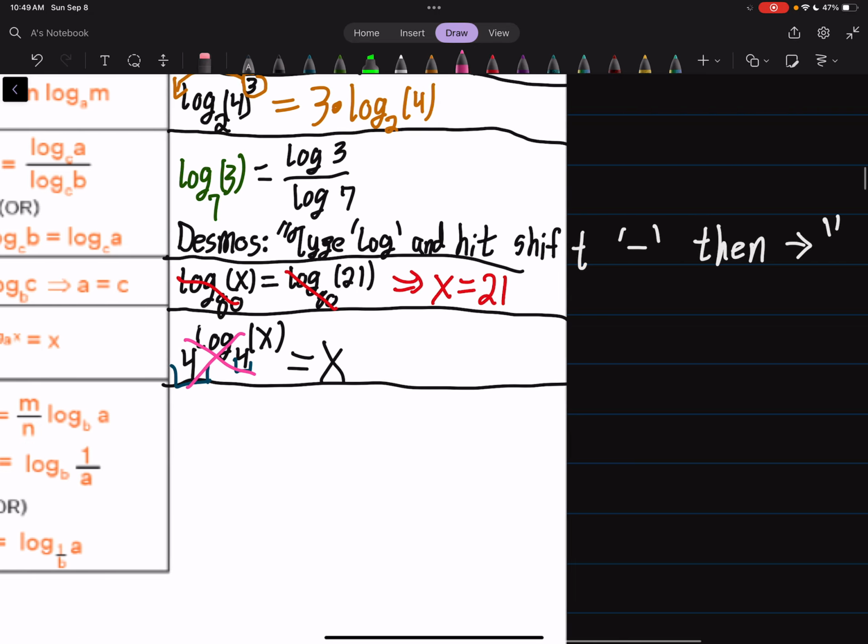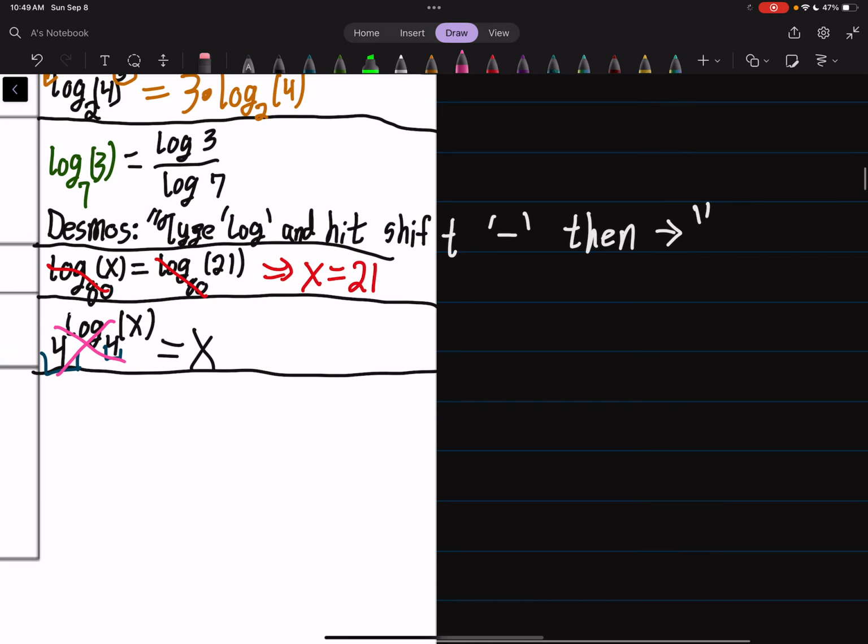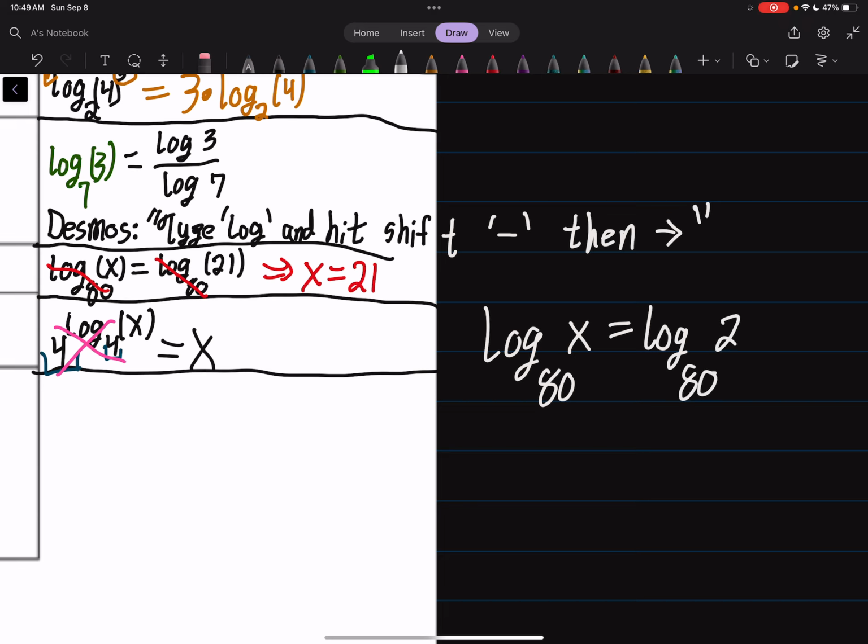The reason why it works for the equality rule up top is because I'm going to have to use what I just wrote down. If I had log base 80 of x is equal to 21, or log base 80 of 21, if I were to convert this into an exponential, I'd take my base 80 and shove it under the log. So x is equal to 80 to the power of log base 80 of 21.